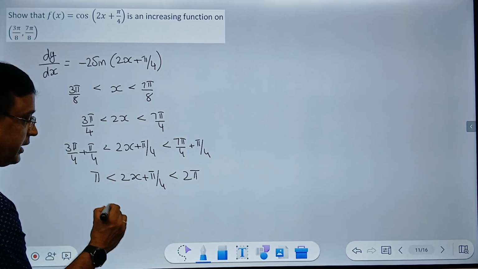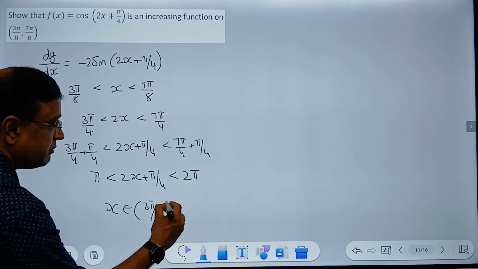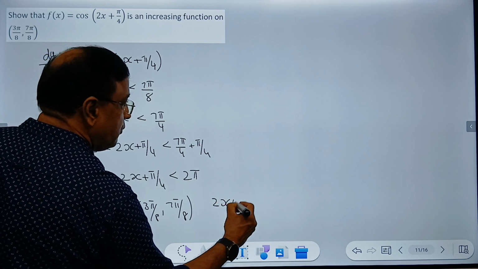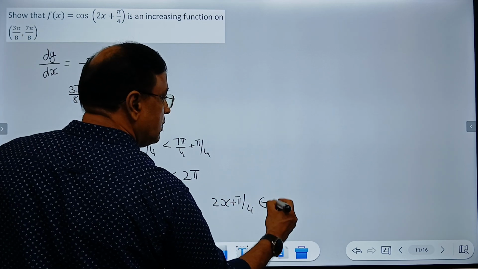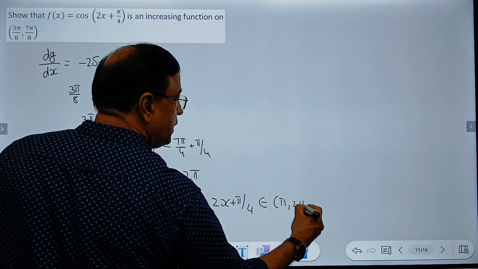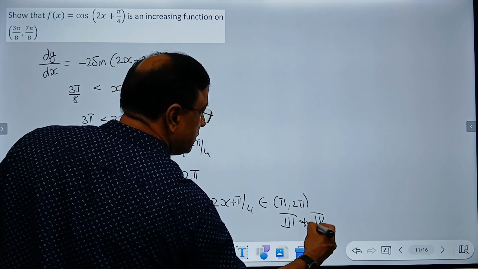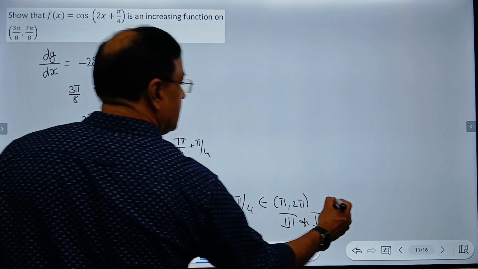So which quadrant is this? When x belongs to 3 pi by 8, 7 pi by 8, my 2x plus pi by 4 belongs to what? Pi, 2 pi. Pi, 2 pi means third and fourth quadrant. In the third and fourth quadrant, what do you say about sine?